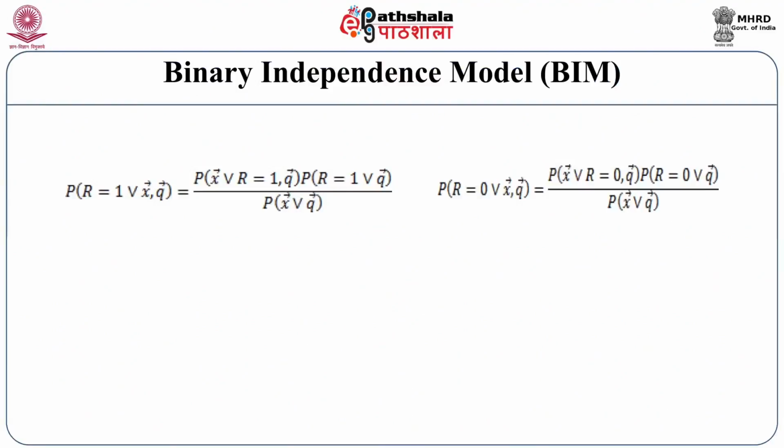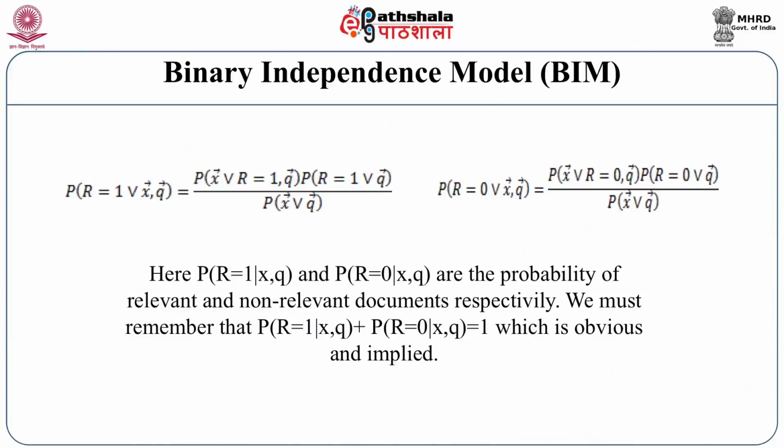So using Bayes theorem, in the case of a relevant document, that is the probability of R equal to 1 given X and Q. So this is the expression, you can refer to the slide. And for the non-relevant case, the probability, that is R equal to 0 given x, q, that is the form.